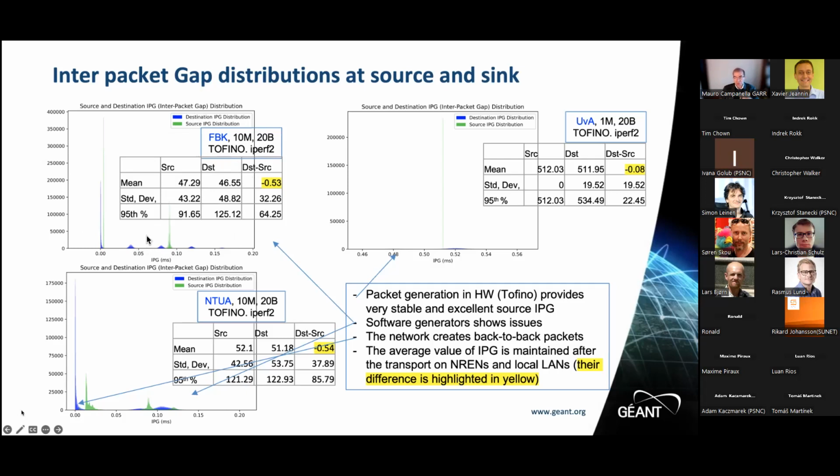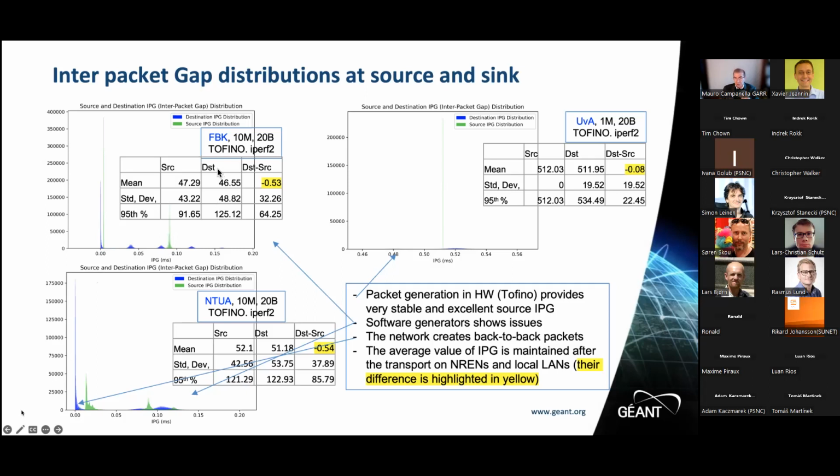So even the source is not correctly spaced in time. And when it reaches the destination, more than one peak appears, because probably packets are handled already in different ways by the different routers. Starting already with 2 horns, if you want, at the source, this behavior gets worse during the transport.